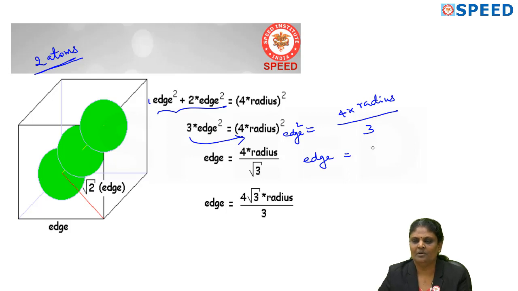Okay, so the number will be 4 into radius, this is 3, you write it under root 3, and then now, 4 into radius, 4 root 3 radius divided by 3.